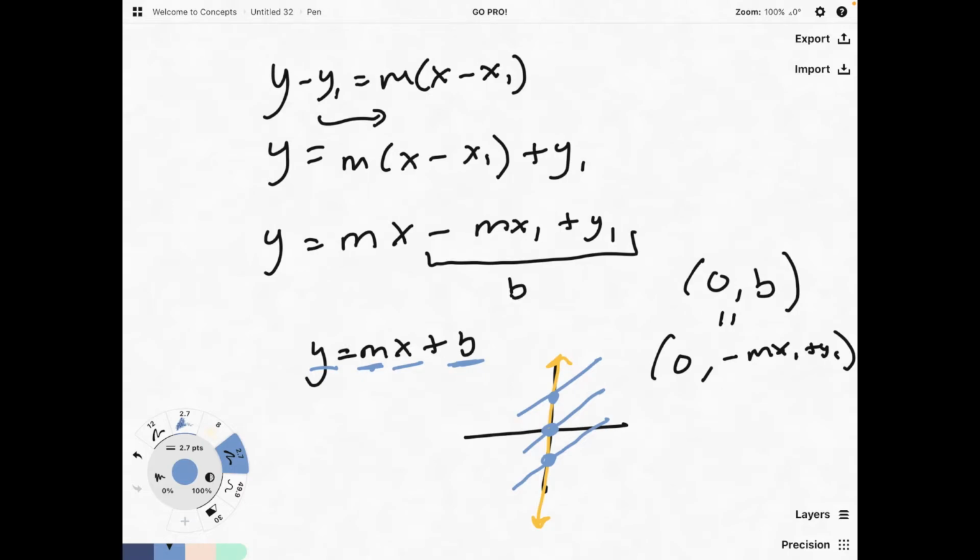Again, you can use point-slope form, but if you manipulate it, you get the y-intercept form, and this form is the most convenient for the equation of a line. Depending on your teacher or class, they may ask for the other form. They are similar to one another, but typically you'll see y equals mx plus b as the equation for a line. Let's look at a few examples using the y-intercept form.